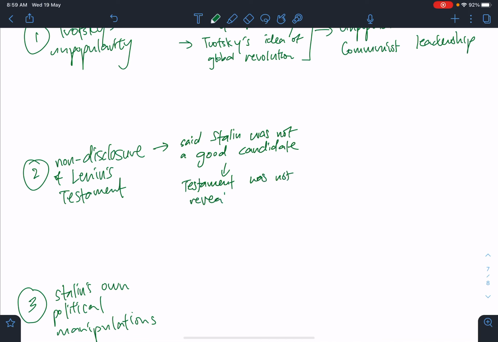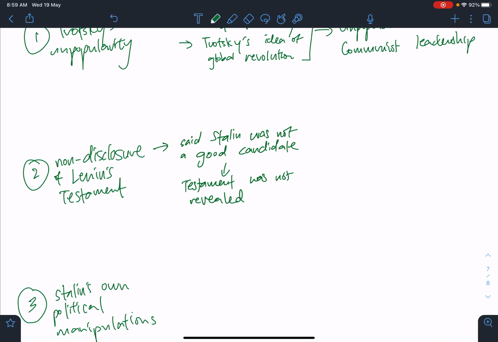Point of clarification, Stalin was not the one who decided that the testament could not be reviewed. The point is that Stalin was not in control at that point. It was a group decision, so don't make it sound like Stalin was in control.